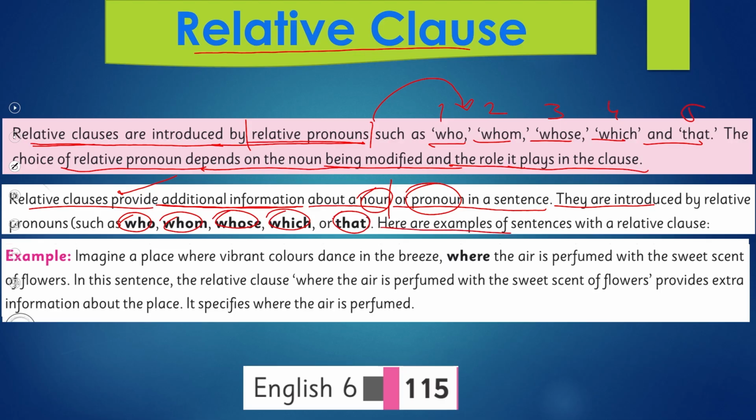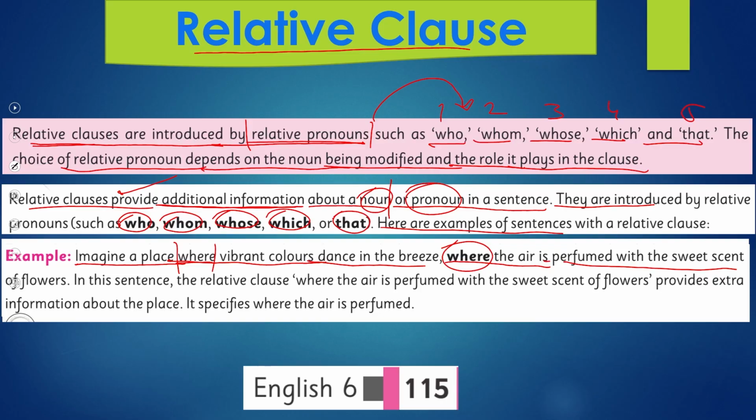Here are examples of sentences with a relative clause. Look at the example. Imagine a place where vibrant colors dance in the breeze, where the air is perfumed with the sweet scent of flowers. Here is the word where, and here the same word is repeated, right?